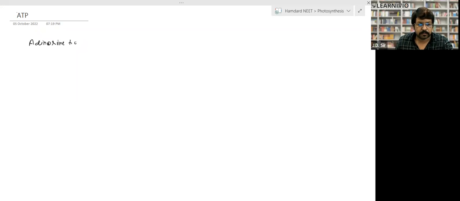Adenosine triphosphate. Actually it is named so because of its structure. There is a kind of sugar molecule.